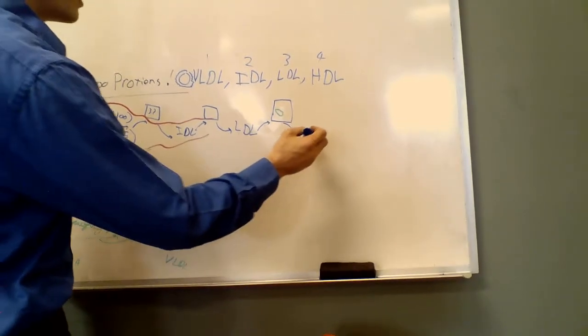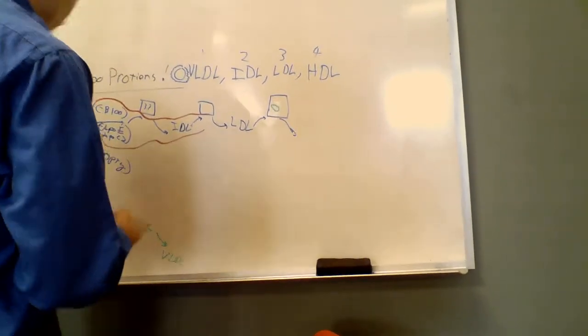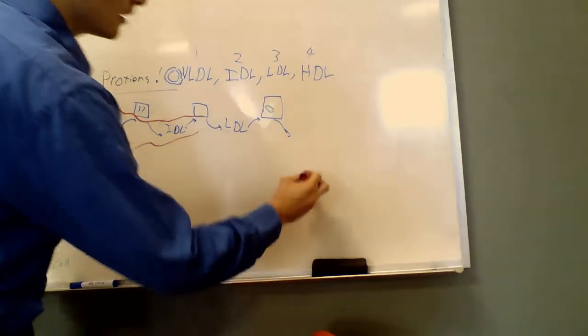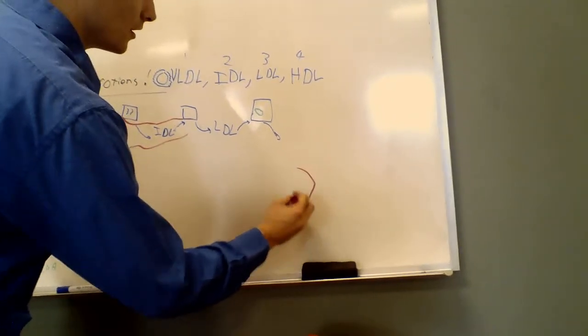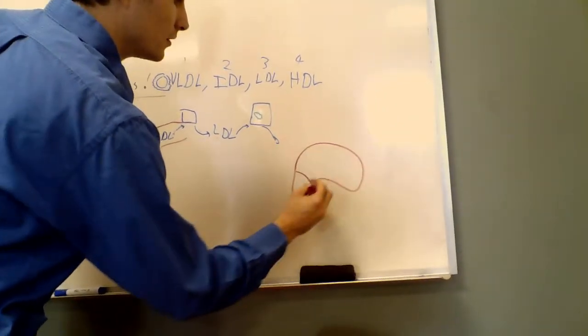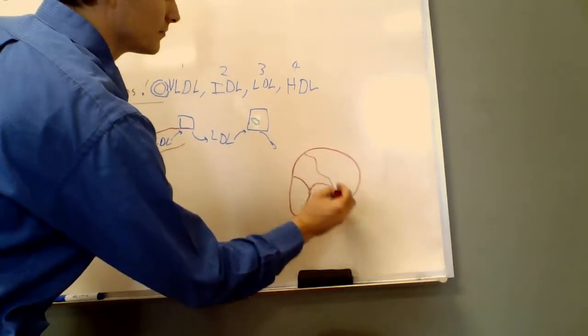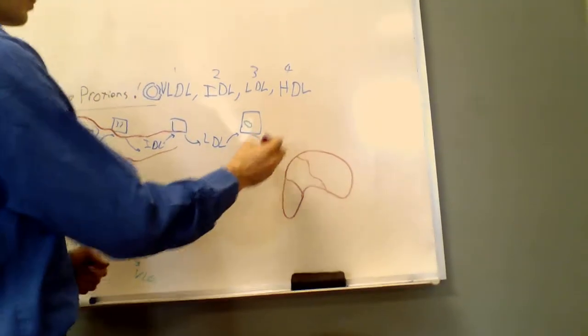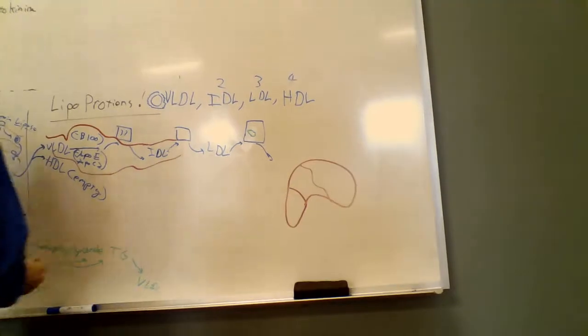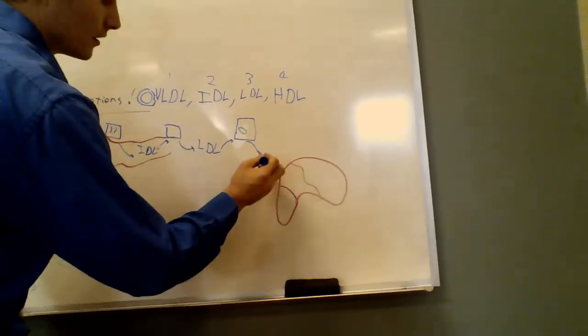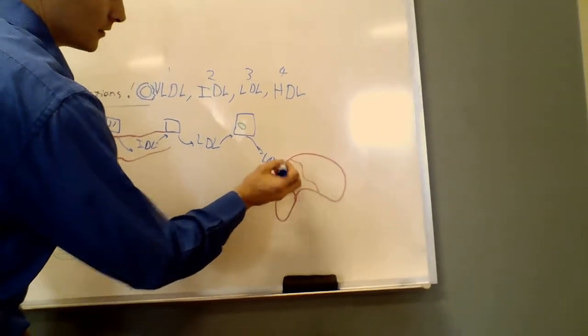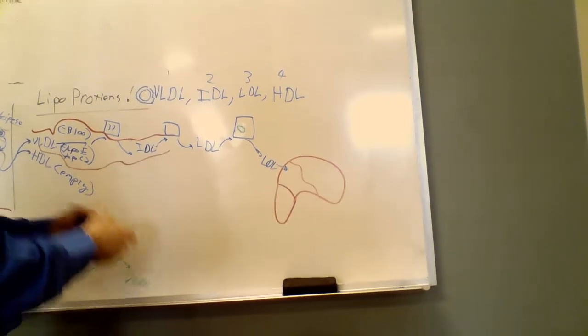So after LDL has done this, it will return to the liver. That is a liver with an extra stripe, just for good measure. The LDL then goes to the liver and is recycled. All right?